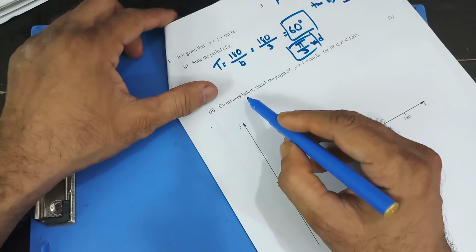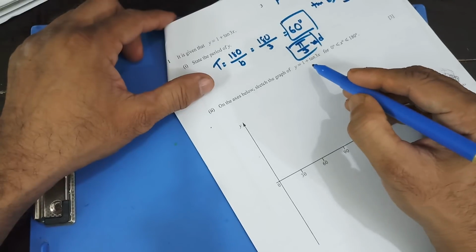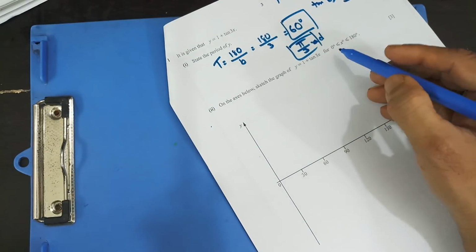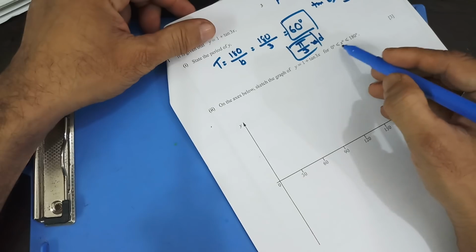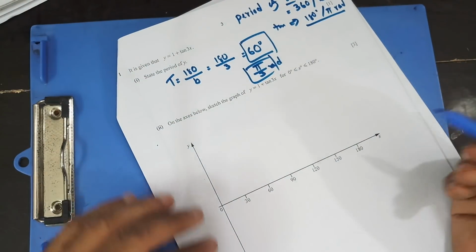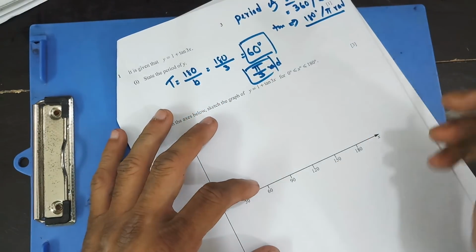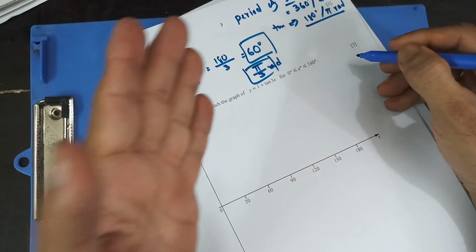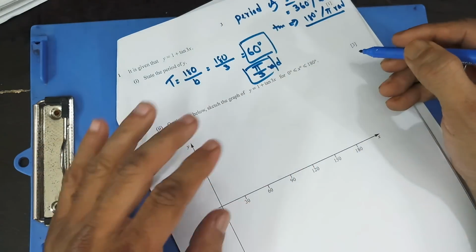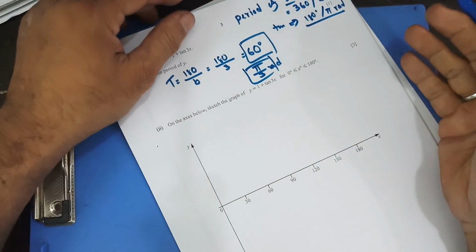Now, on the axis below, sketch the graph y equals 1 plus tan 3x for x greater than or equal to 0 but less than or equal to 180 degrees. The regular interval of this one is 90 degrees: 0 to 90, 90 to 180, 180 to 270, 270 to 360.